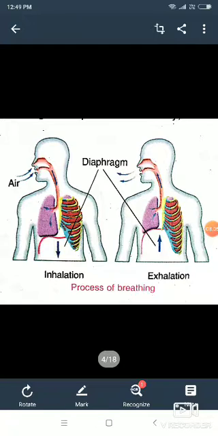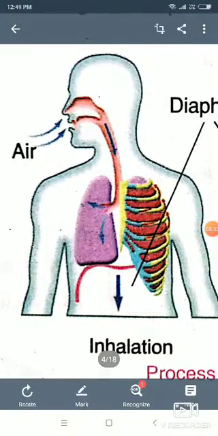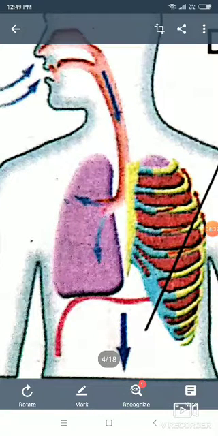See the arrow mark here, exhalation. That means the lung will contract with the help of the diaphragm. Here the arrow shows the contraction of the lung. And in the first diagram, in inhalation, see there is an arrow on the lower side. Here the size of the lung increases.